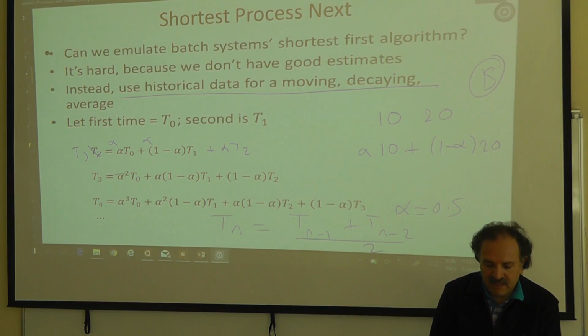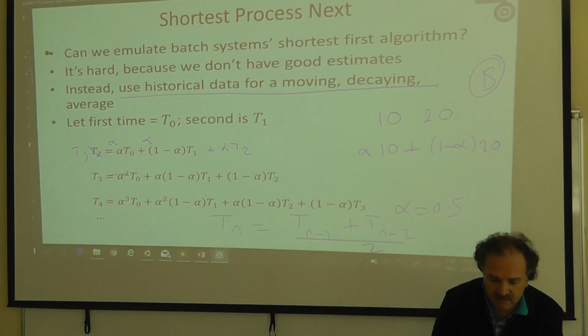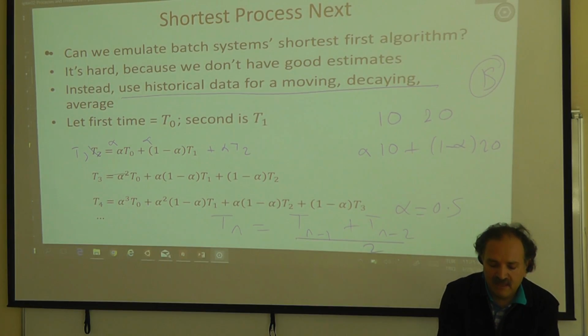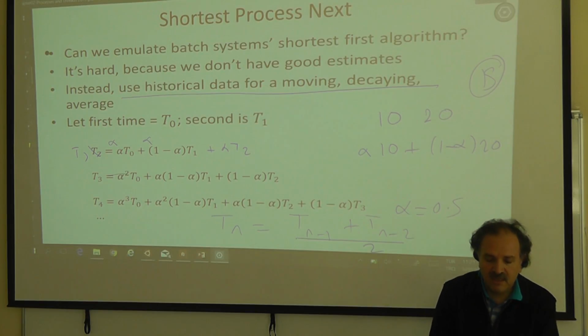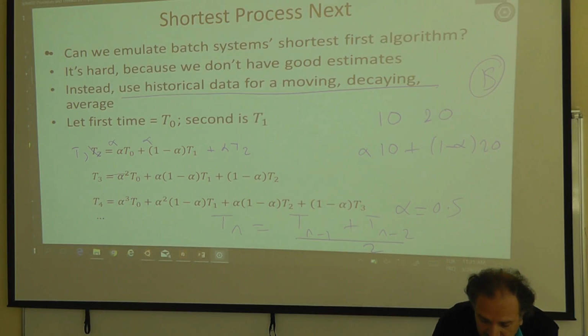By adding two numbers and dividing by 2, I get this Tn number. I keep calculating this Tn, and this will be my expected time duration for my process. And I can run exactly the same algorithm as the batch processing one.